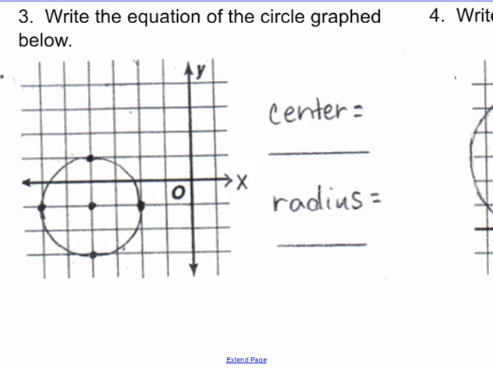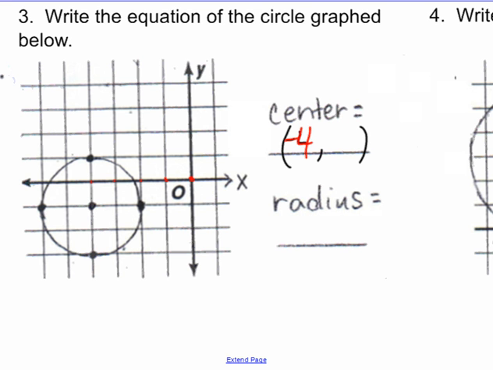So now we have to write the equation of the circle that's graphed. They don't give us any numbers, so what we have to figure out is what is the x and y and what is the radius. So the x, starting at the origin, is going to be -1, 2, 3, 4. So -4.